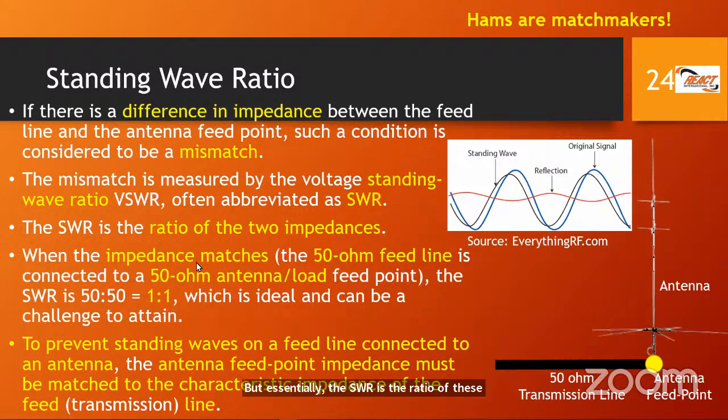And when that impedance matches, that is, the 50 ohm transmission line or feed line is connected to a 50 ohm antenna, the feed point of the antenna is 50 ohms, we then get what we'll call a perfect SWR, or as close to perfect as you can get, which is 1-to-1. So if you have a 50 ohm feed line and a 50 ohm antenna feed point, you have a 1-to-1 ratio.